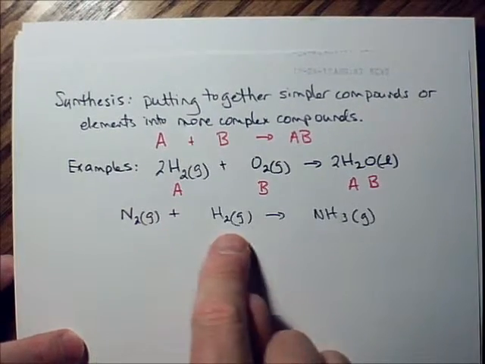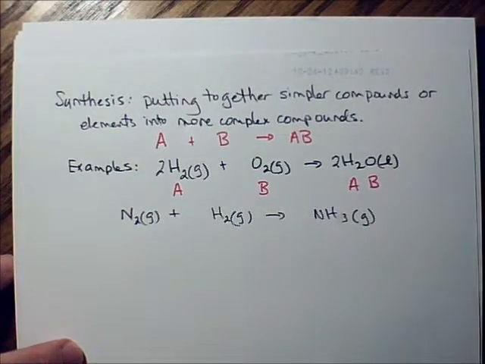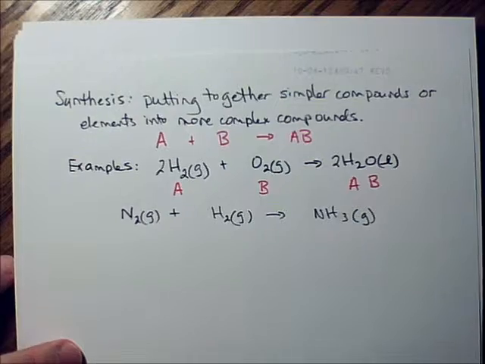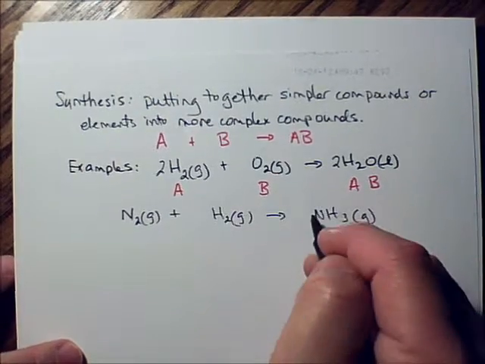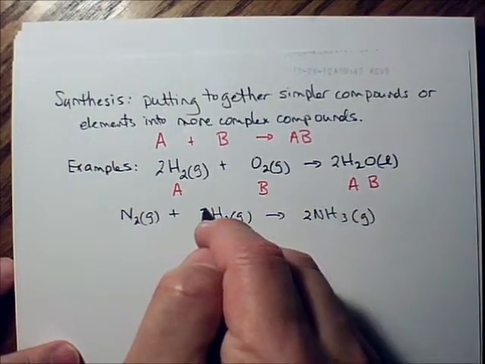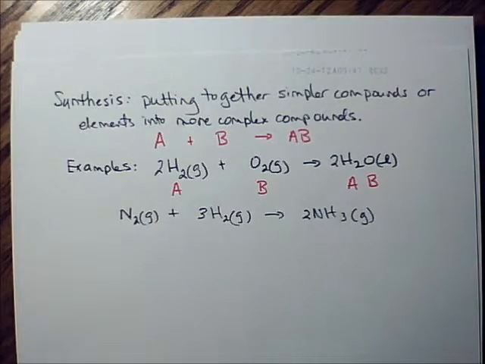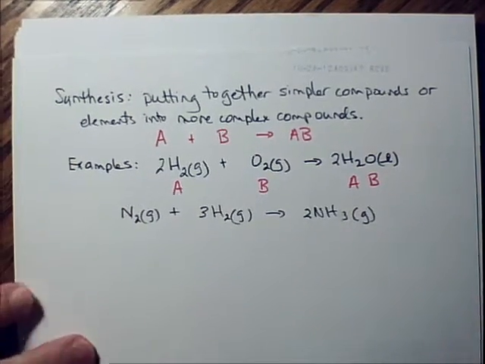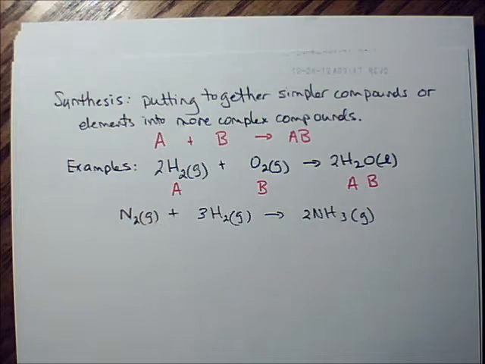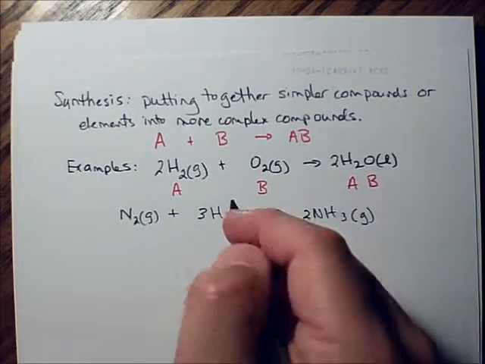So here's A, B, and AB. Of course, I haven't balanced it yet. To balance this, I need a 2 here and a 3 here. Are those all gases? Yes, they're all gases.